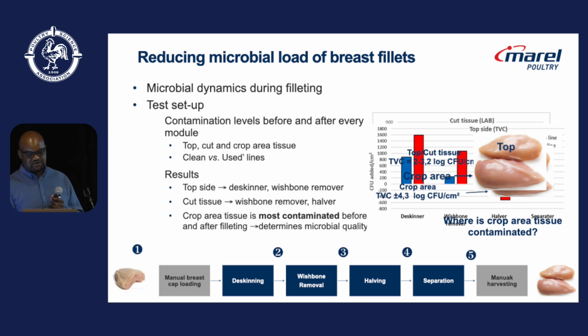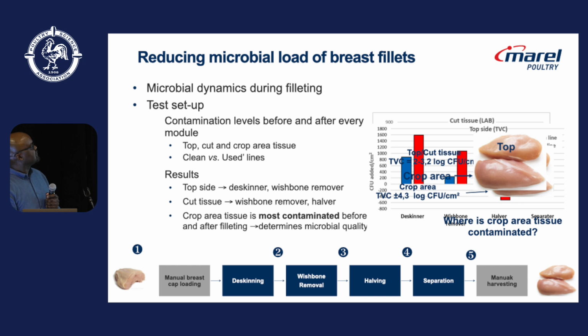We looked at not only the top side, but also the cut tissue, which is the bottom side of that fillet, and also what we call the crop area of the fillet. That is the area where the crop was previously attached to the breast on the carcass itself. We also looked at differences in contamination between a clean and a used automated filleting line.